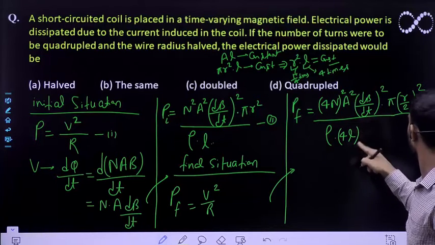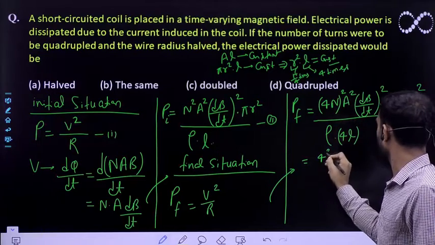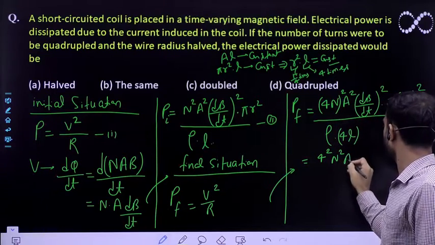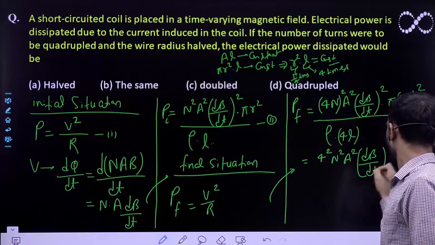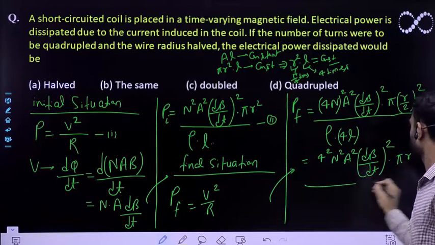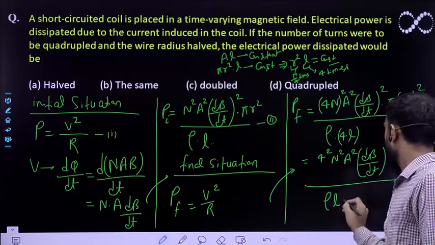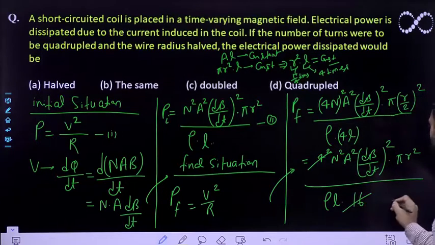Now see how much it will get. This will become 4 squared, N squared A squared (dB upon dt) squared into pi r squared upon rho L, and this will become 16 once again, so this will get cancelled out.